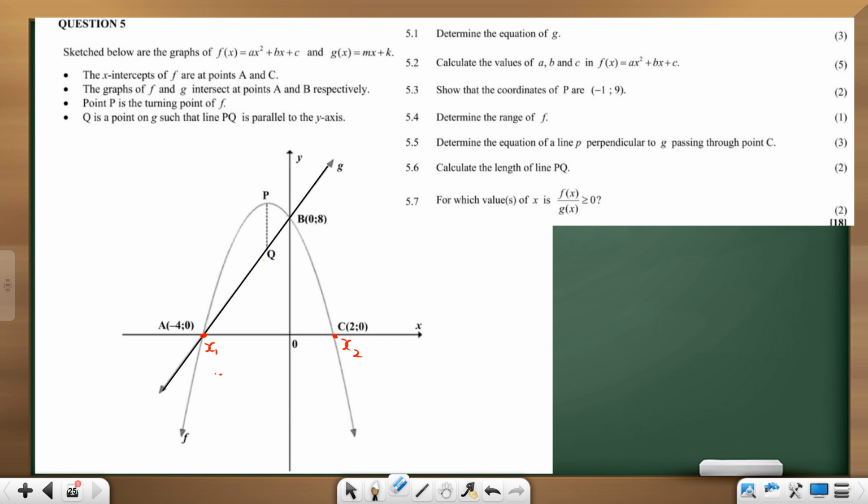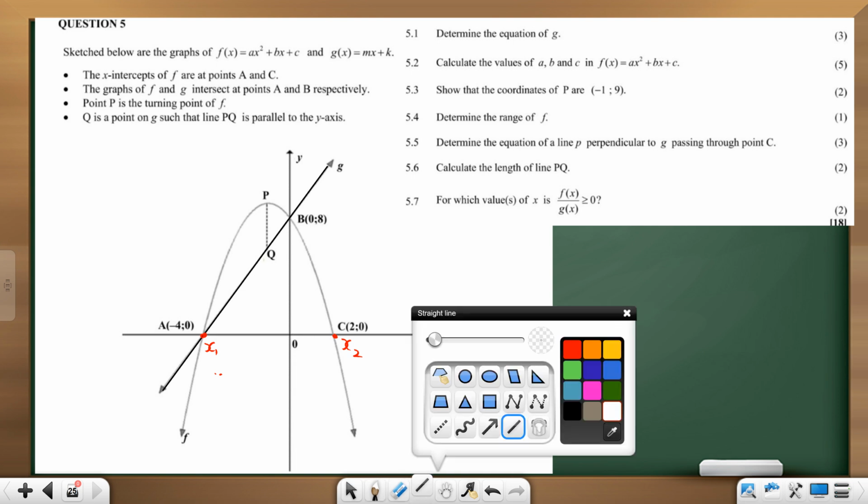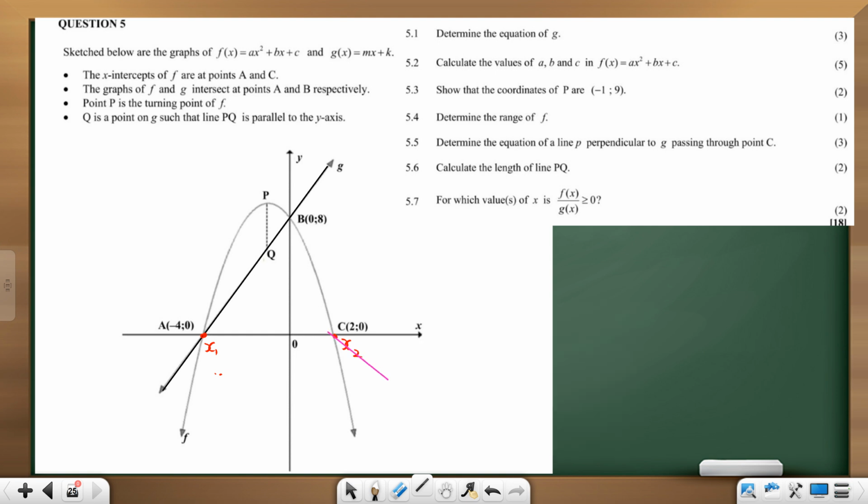Determine the equation of a line P. It's the equation of a line which is perpendicular to G but passing through C. Let's interpret. It must be perpendicular to G but it must pass through C. So let's draw a line perpendicular to G and passing through C. We don't know where it is, but we know it is something like that.